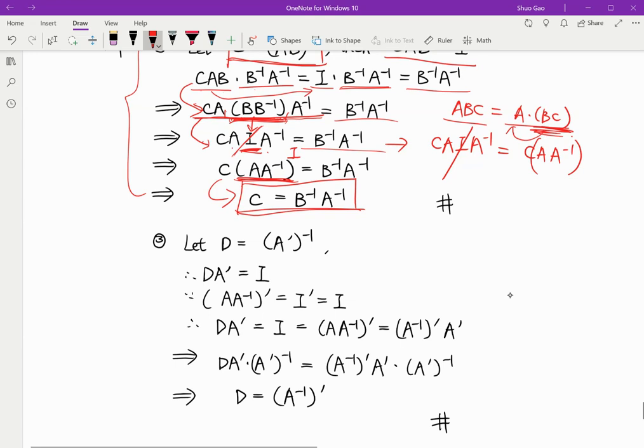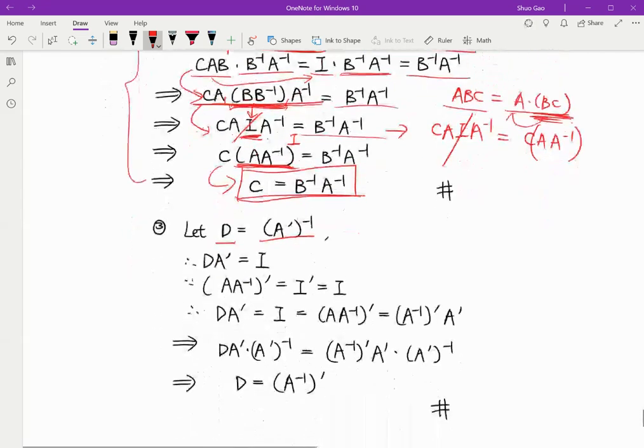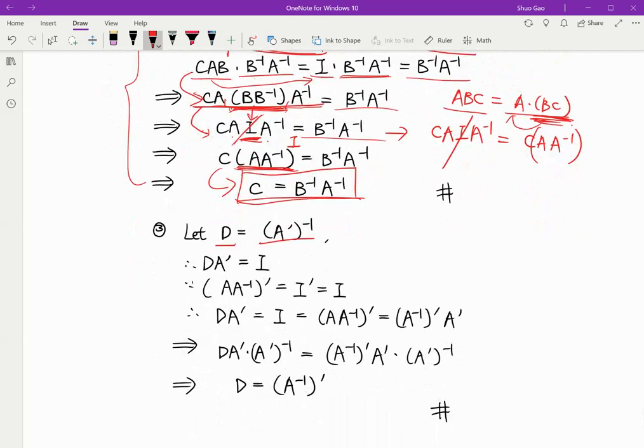We can let a matrix D equal the left-hand side, A prime and then the inverse. So D times A prime equals I, right? Because D is equal to A prime inverse, and this thing times A prime should be just the identity matrix.